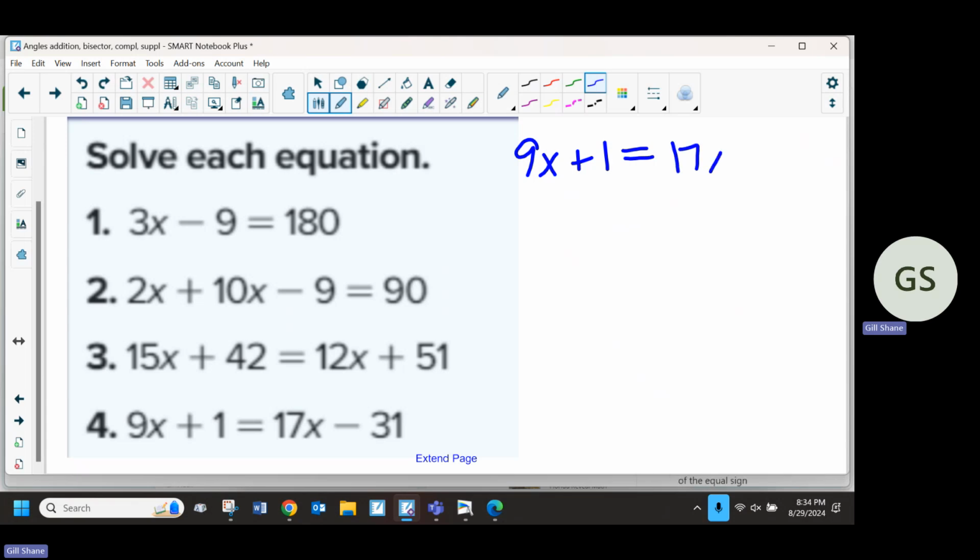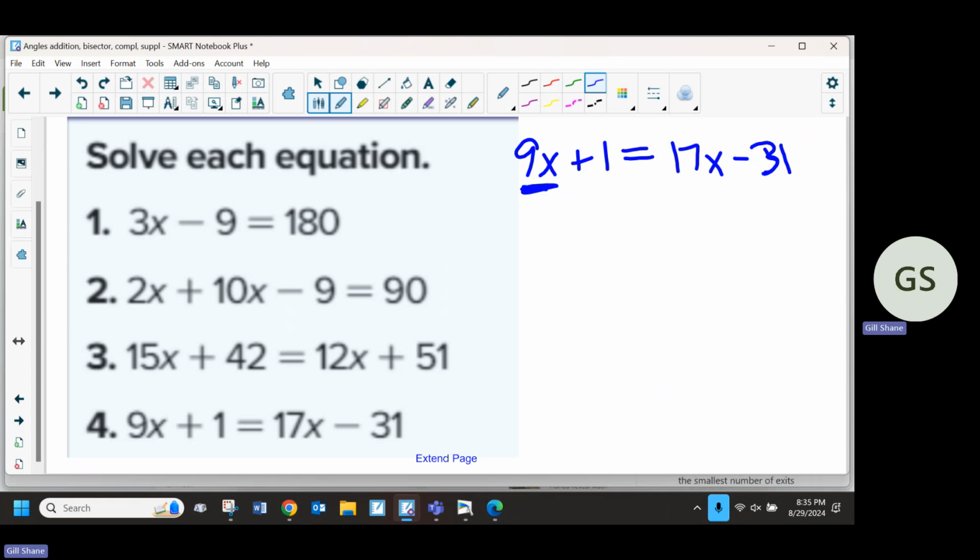I cannot just combine those by saying 9x plus 17x. I have to think about getting rid of them on one side. It doesn't matter which side you get rid of them on. I will sometimes get rid of them on the left, sometimes on the right, getting rid of the one that has the smallest number of x's.